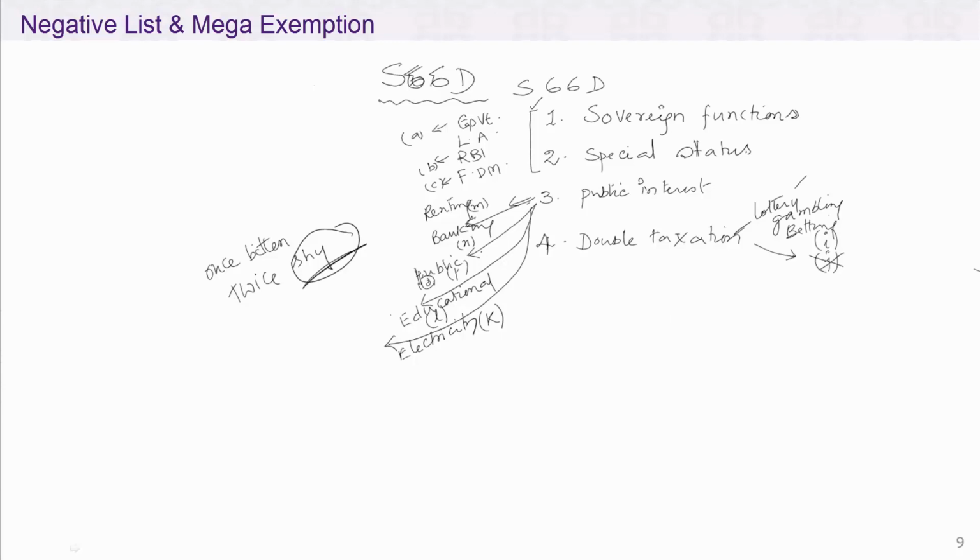And similarly, if you look at manufacturing activity, or if you look at trading activity, buying and selling. So manufacture, it is normally subject to central excise or state excise, right?